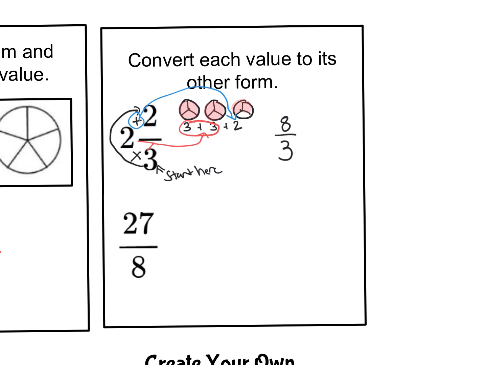So in this next one, when we're converting from an improper fraction to a mixed number, I'm going to draw some circles and I'm going to cut them into eighths. I'm just going to start with 4. And I'm going to shade in 27 pieces.